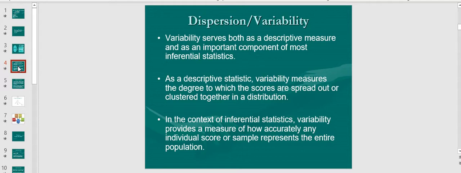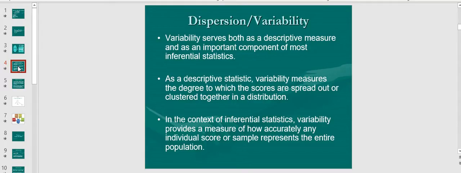If the sample drawn from the population has all individuals with the same scores, then there will be no variability, and the sample will be a true representative of the population.